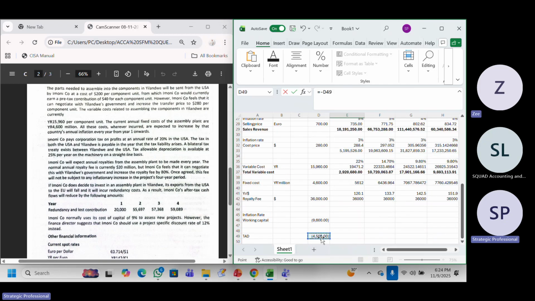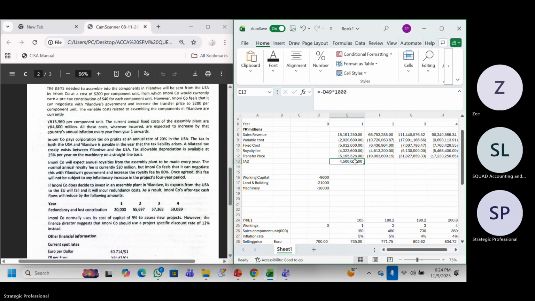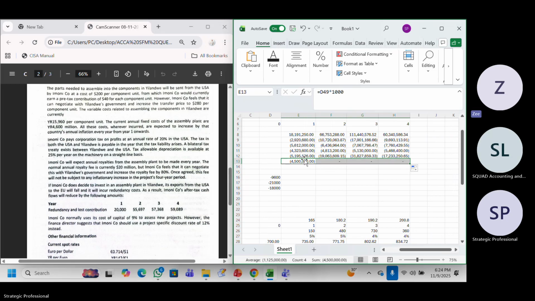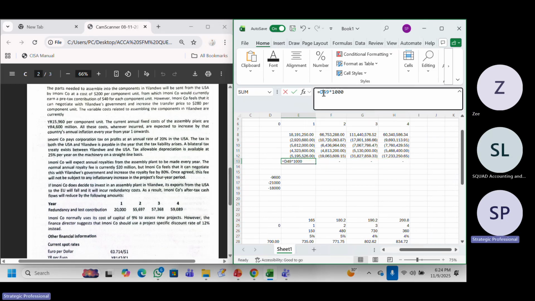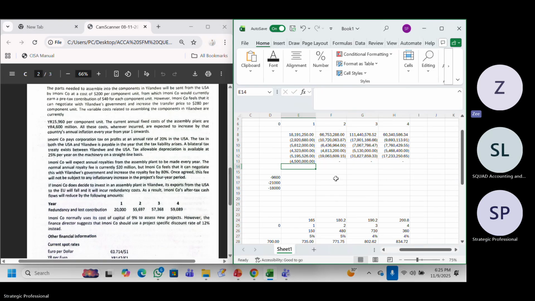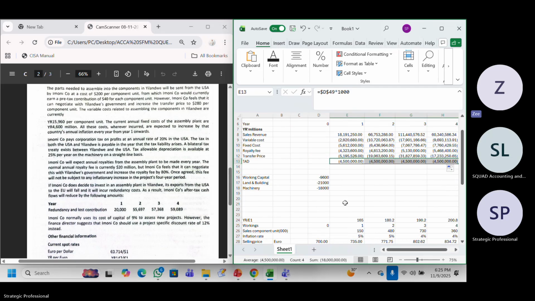So that's the 4.5. And one other thing is these amounts in euros, in millions, and all. Initially it was 150, even though there were some thousands in front. That one is a mistake. Like this machinery, you are doing it in thousands, whereas the sales revenue is in millions.